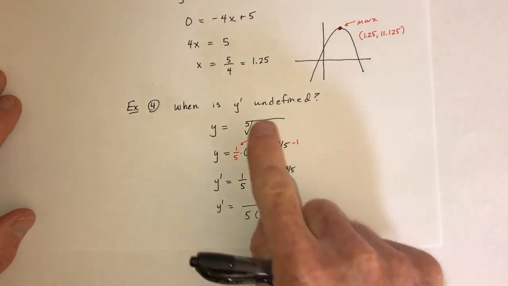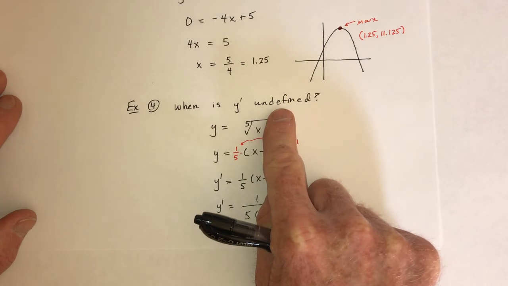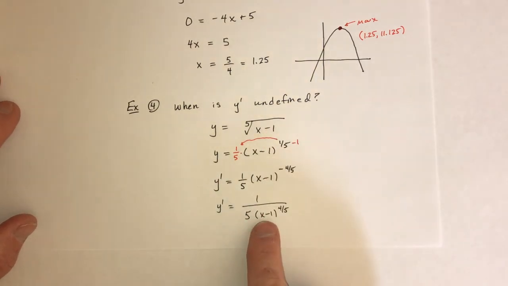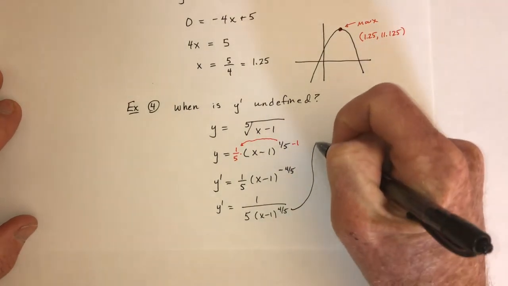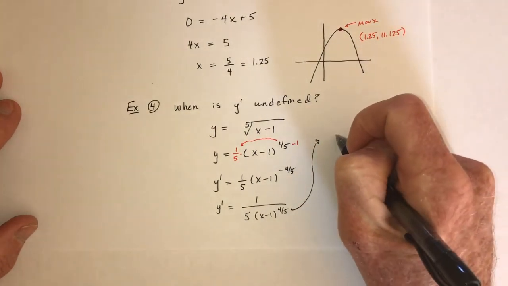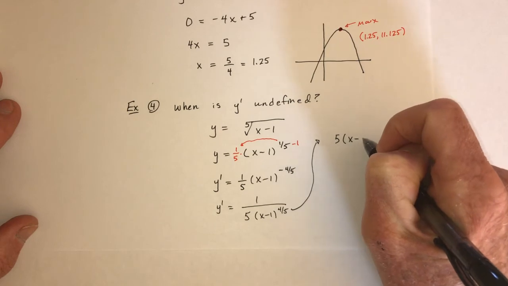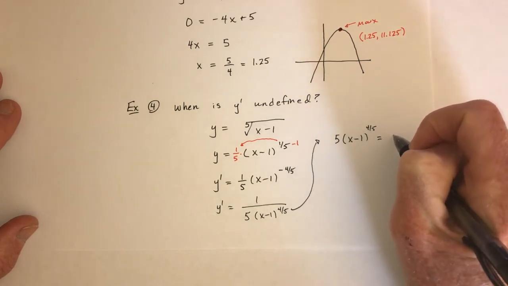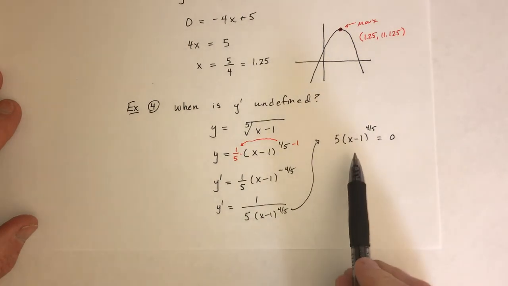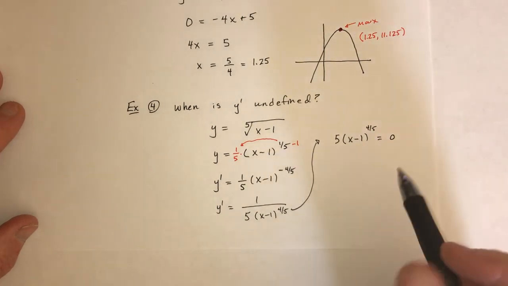And then the question is saying, when is this undefined? Well, one thing that will definitely make things undefined is when the bottom equals 0. So you can set the denominator equal to 0. And then perhaps you could just look at that and see when x is 1, that's going to make it equal to 0.